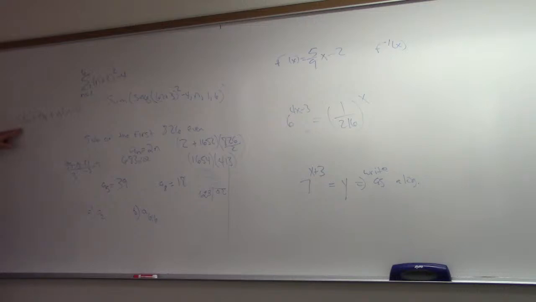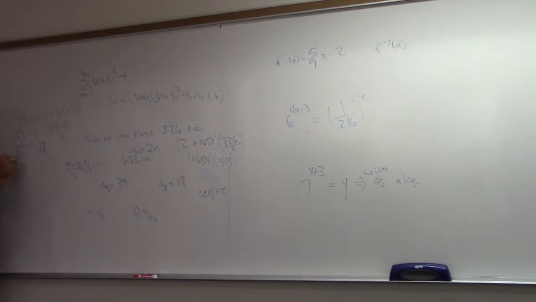If the fifth term is 39 and I'm counting down by 7, I work backwards to figure out A1. So 39 equals A1 minus 28.